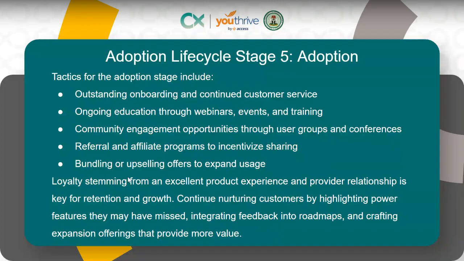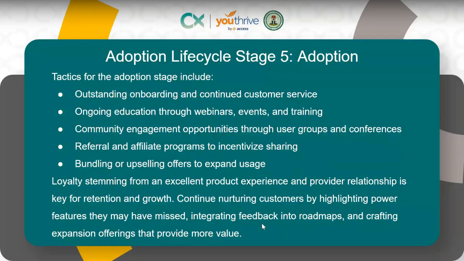So you're looking at bundling and upselling offers to expand usage. All right, maybe the user was using a feature, you want to upsell other offers so that they can start using some other features or buy other sub products within your product and things like that.